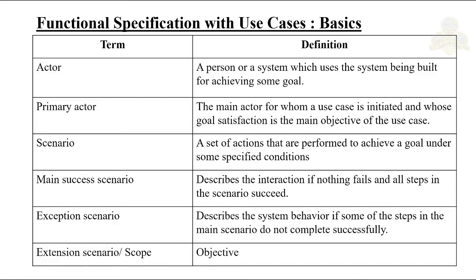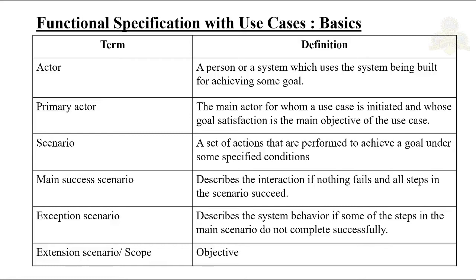Again, the primary actor is a logical concept, and though we assume that the primary actor executes a use case, some agent may actually execute it on behalf of the primary actor. For example, say there is a VP, a vice president of a company, and he wants to get a sales growth report.